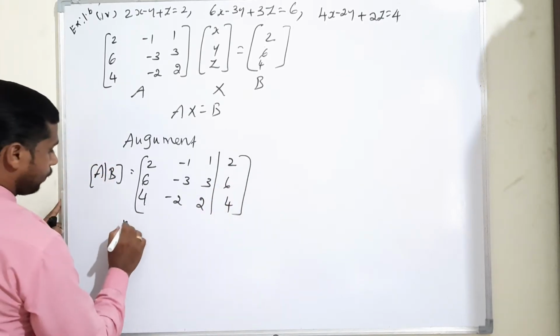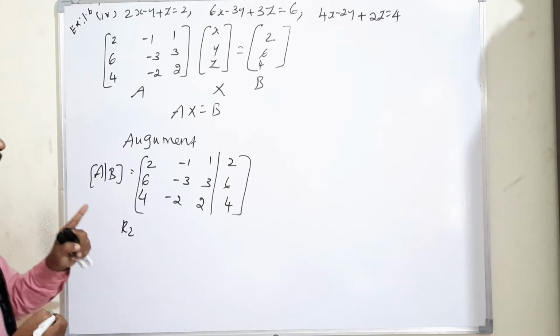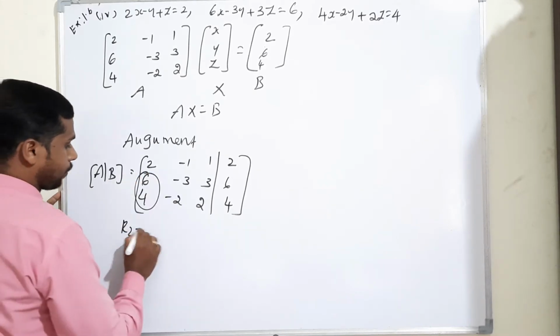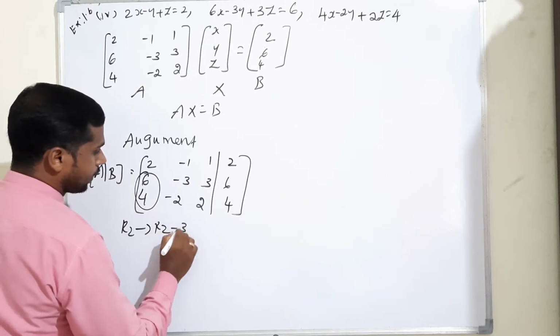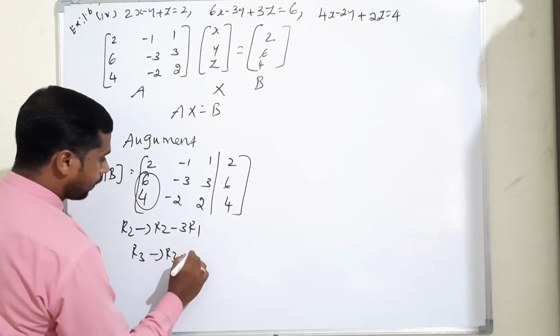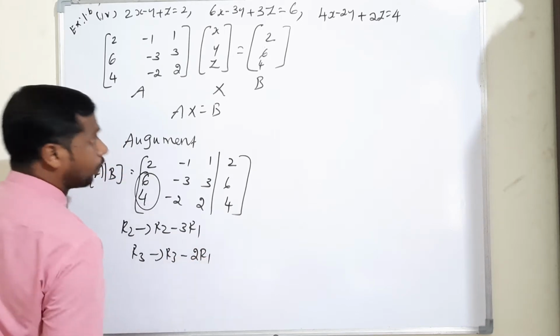So what we have to do? Row echelon form means that below the starting non-zero digit in the first row we have to make zeros. So R2 becomes R2 minus 3 times R1. Then R3 becomes R3 minus 2 times R1.